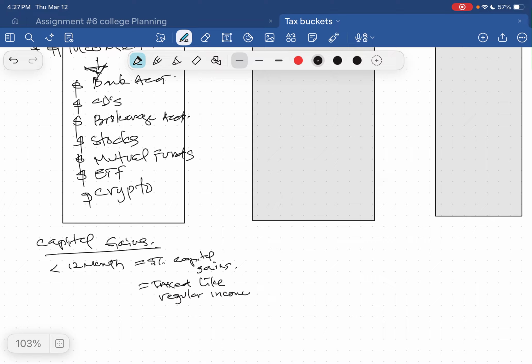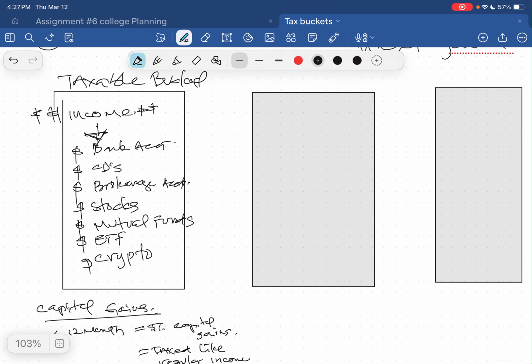If you hold the investment longer than 12 months, it becomes long-term capital gains. Okay? Which is usually a lower tax rate.